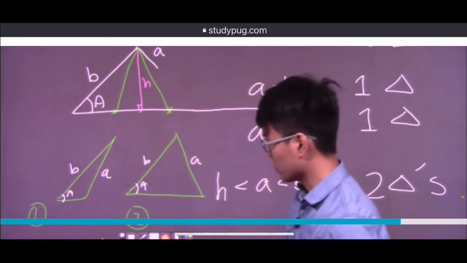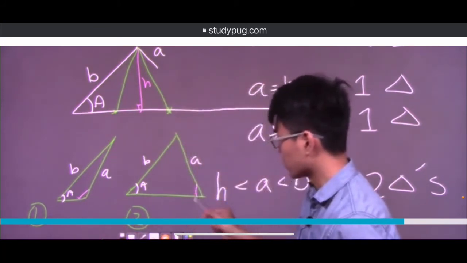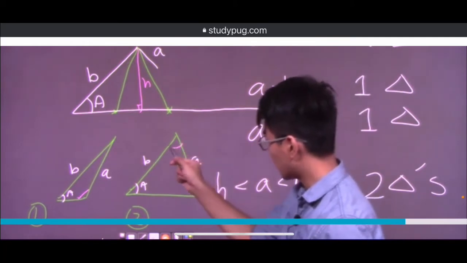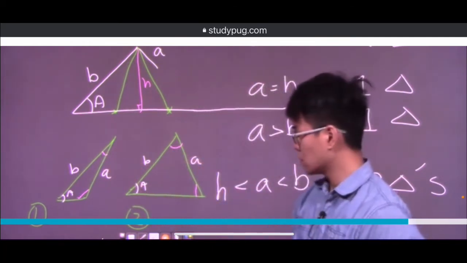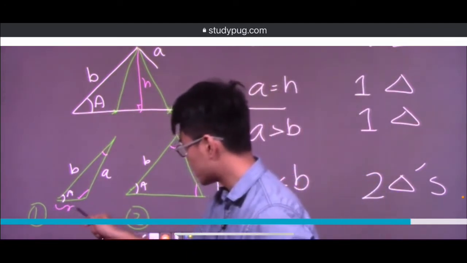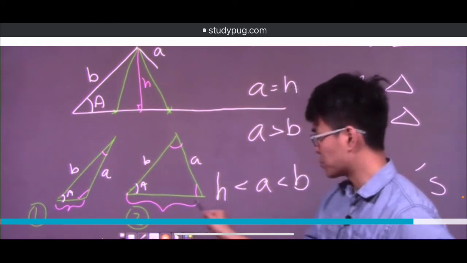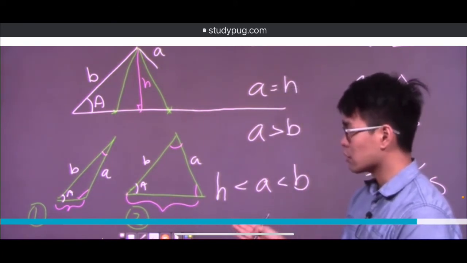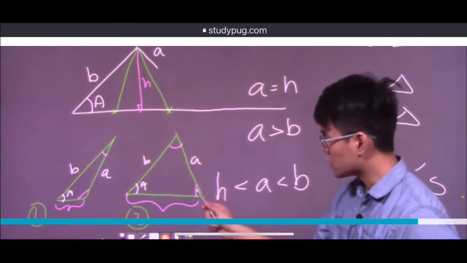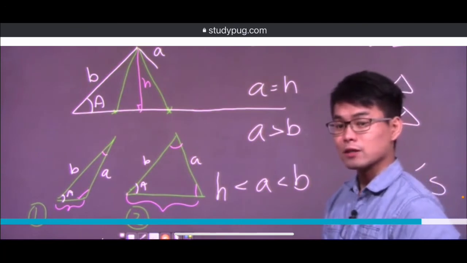What's different though? This angle is obviously bigger than that angle. This base here is clearly different than this base. So we have two completely different looking triangles with different sizes of angles and base.